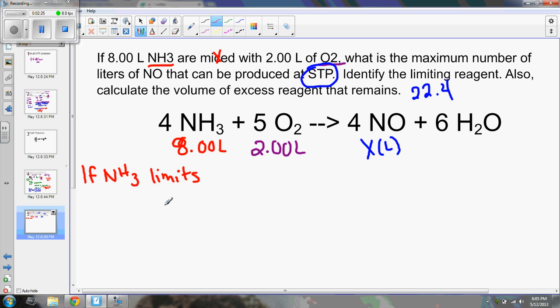First thing I need to do is take 8.00 liters divided by 22.4 to find out how many moles I have, and that gives me 0.357 mole.